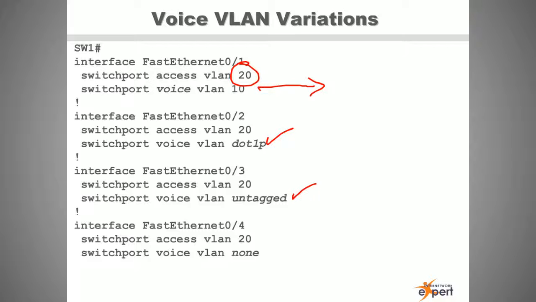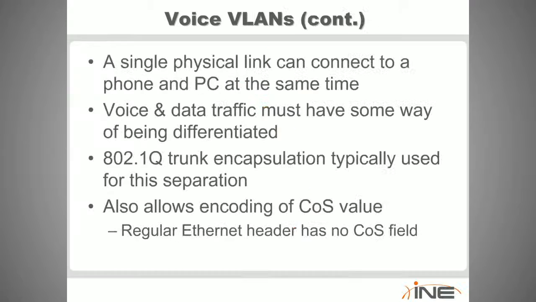Now, there's a couple different ways that we can do this, different markings. The first one here is probably the most popular. This one is the most straightforward. It really depends on how old the implementation is and what particular equipment you're using. But these are the 4 different variants.